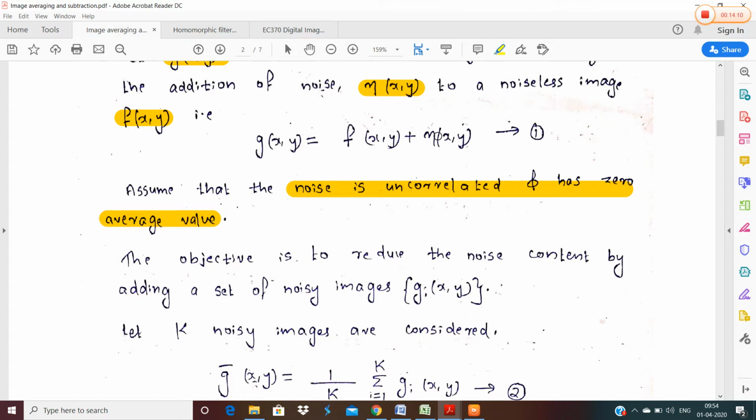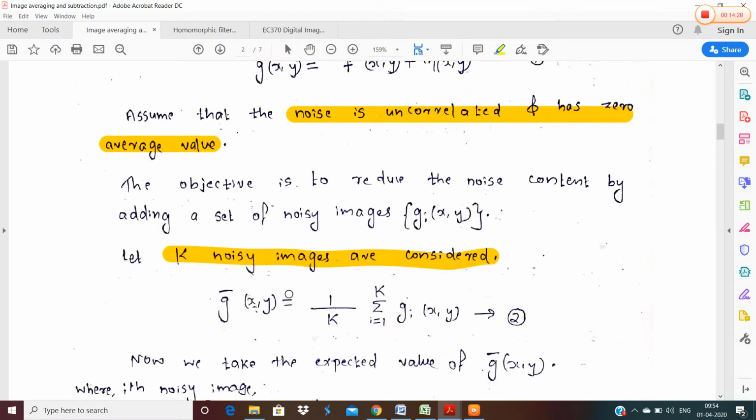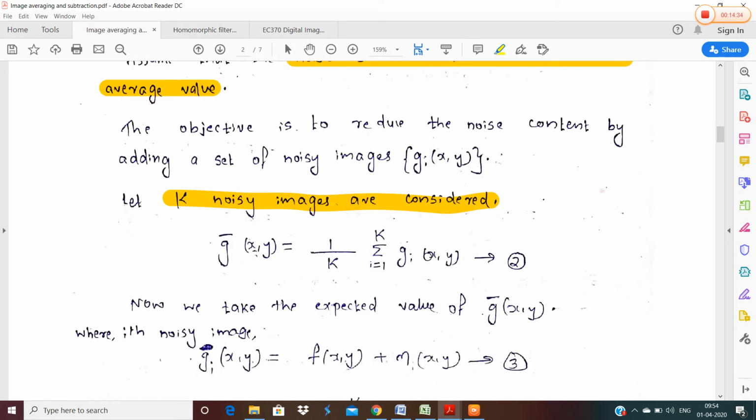First you take eta 1, then eta 2, eta 3, eta 4, etc. For all these noises you have the same characteristics, but the values are random, so they may change. Likewise you have created k such noisy images, a set of g i, and you take the average of all these k, that is g bar, written over here.